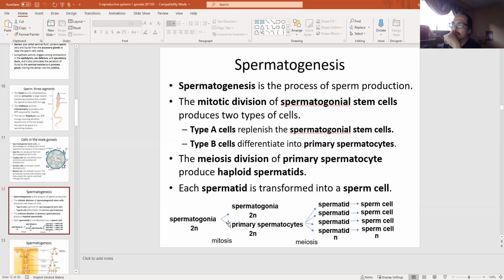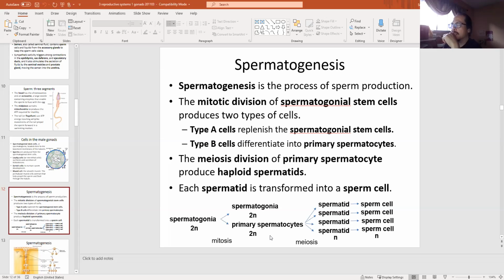However, one of them remains as a spermatogonium. The other starts to differentiate into a primary spermatocyte.